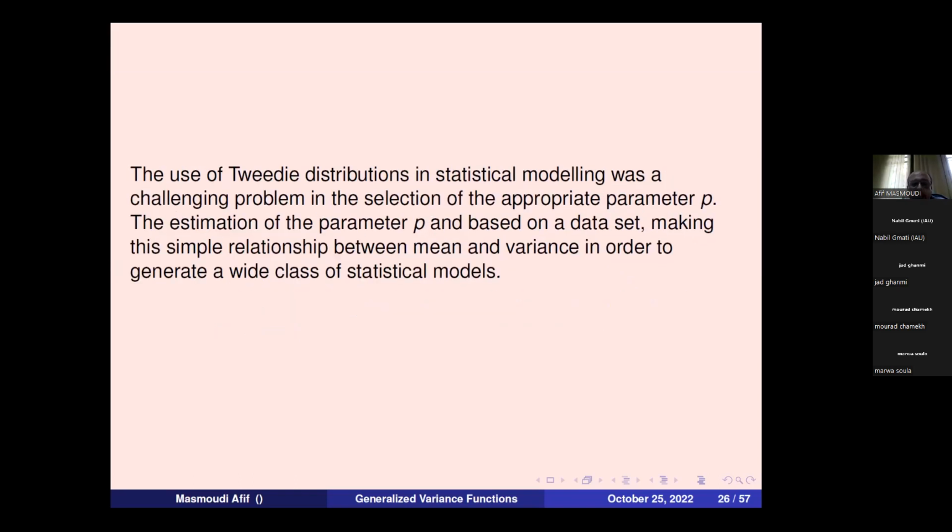So here we consider the problem of parameter estimation. We will estimate the parameter p by using the implicit approach, which is a non-informative Bayesian approach.